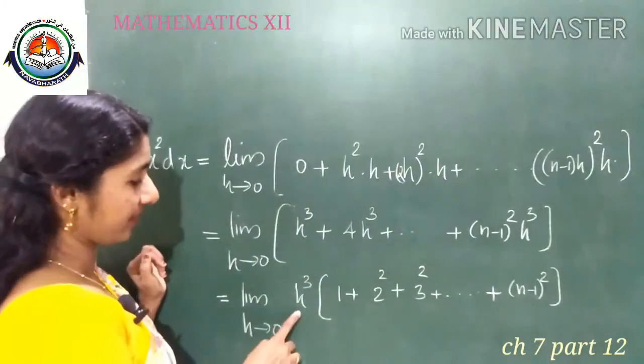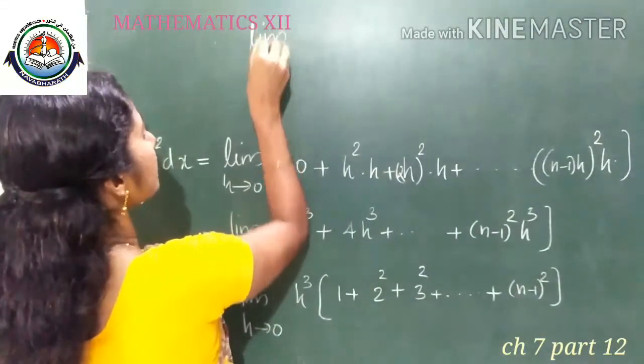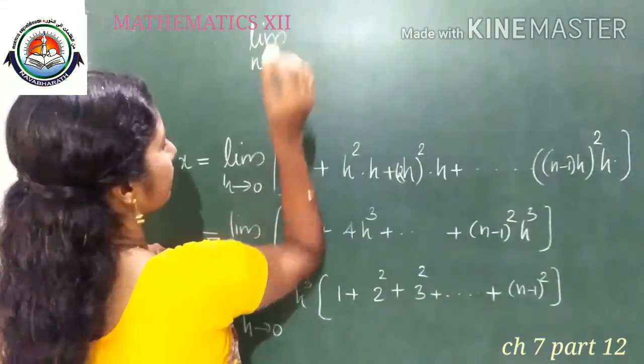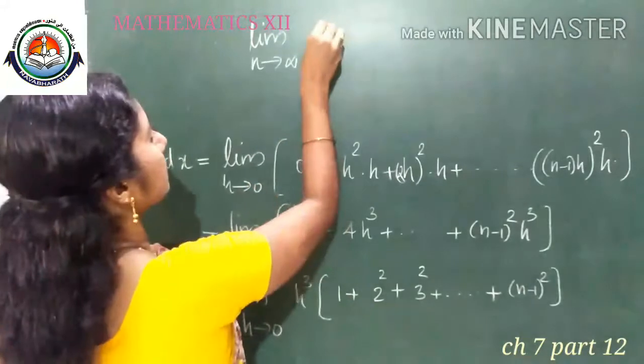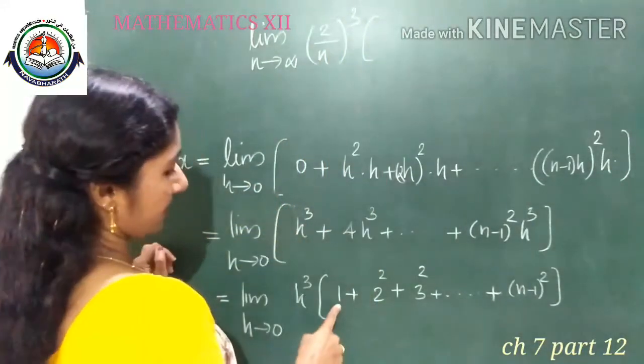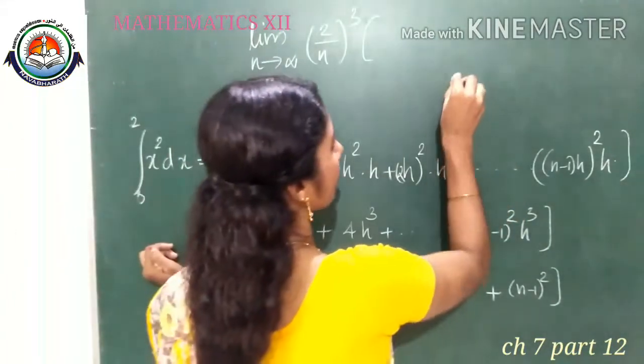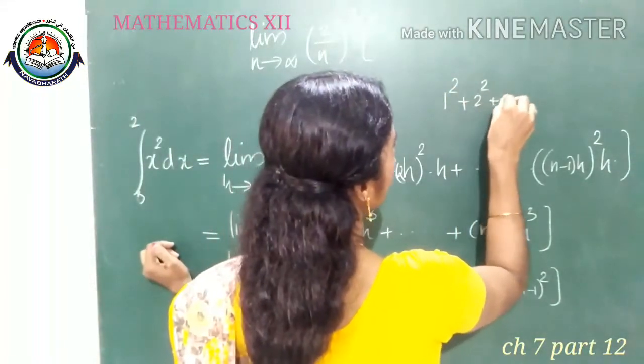Clear? So we can give h equal to 2 by n. So we are writing limit n tends to infinity, h is 2 by n whole cube into, what is 1 square plus 2 square plus 3 square plus etc. You know 1 square plus 2 square plus etc.